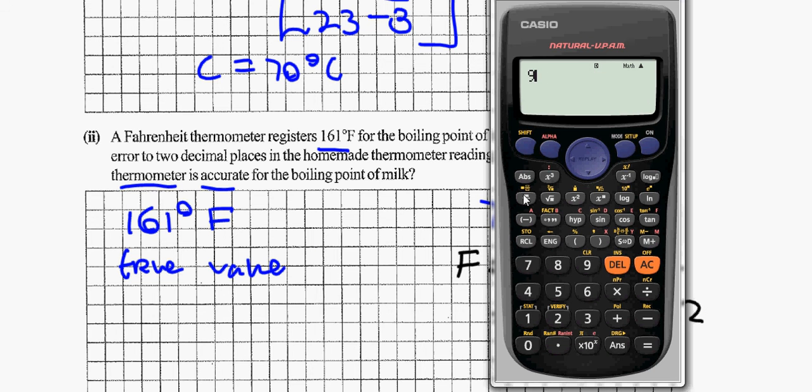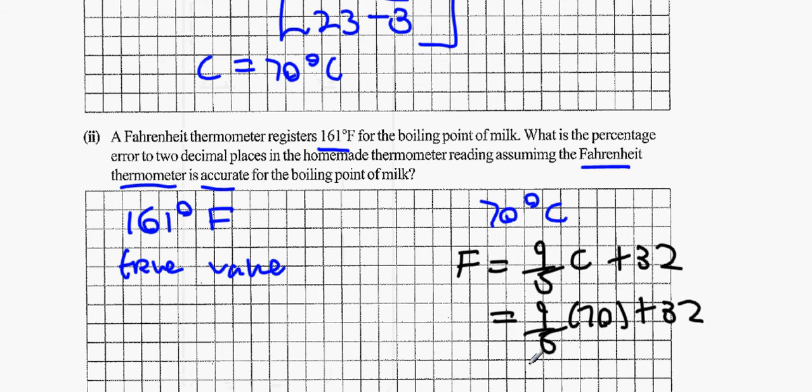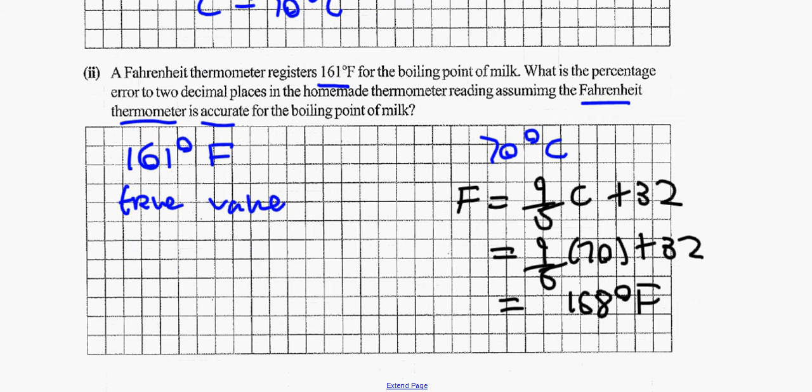So 9 over 5 multiplied by 70, add on 32, and what we get is 158. Okay, so it's 158 degrees Fahrenheit is what the homemade thermometer measured. Now the error is going to be 161 minus 158, which is 3 degrees Fahrenheit.